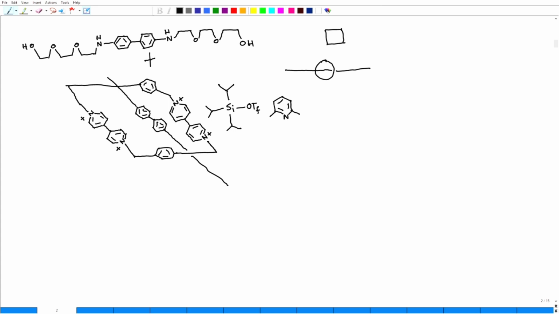It will react, because at the end what do I have? At the end I have OH and OH, remember. So this will react in the presence of pyridine as a base, and it will come here, because tosylate is a good leaving group.